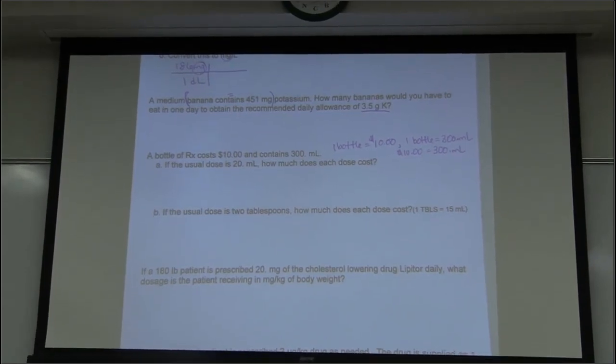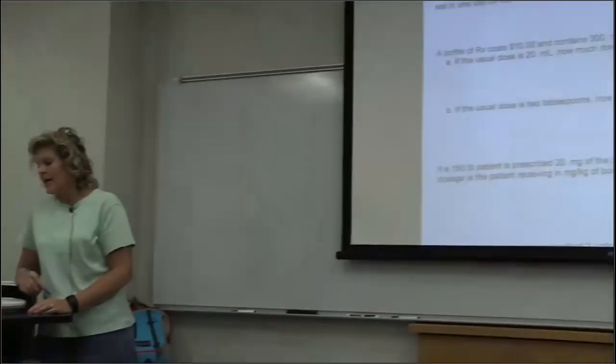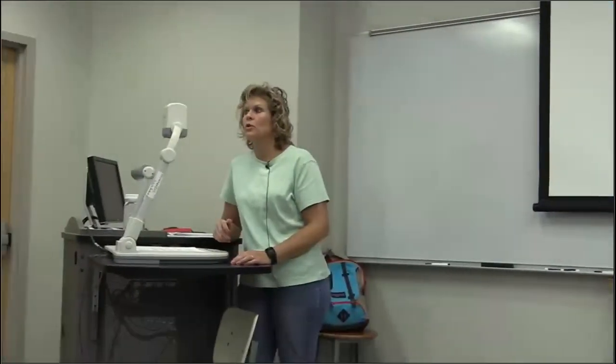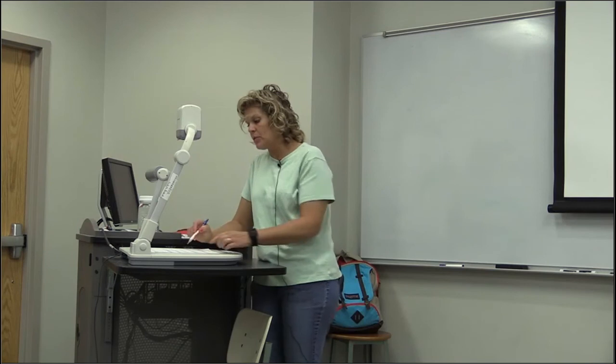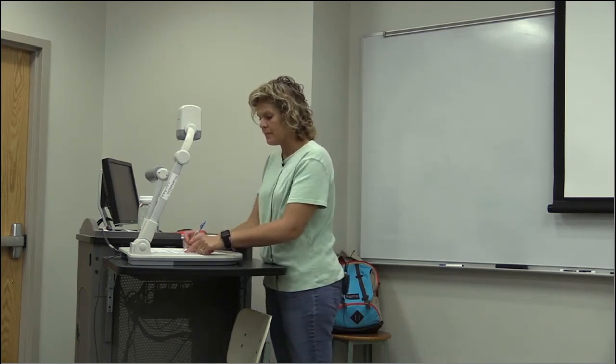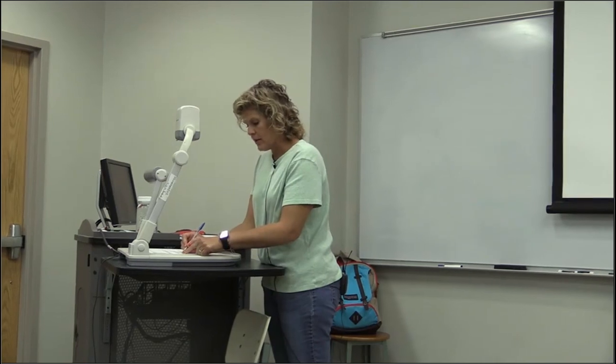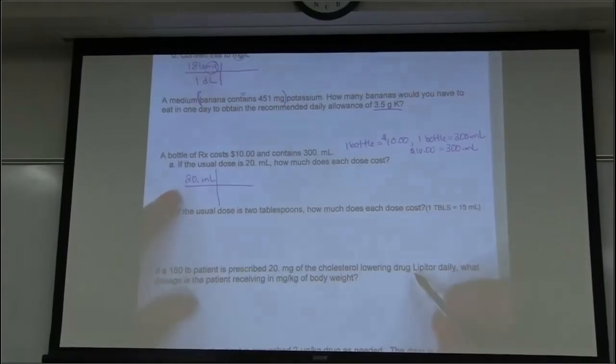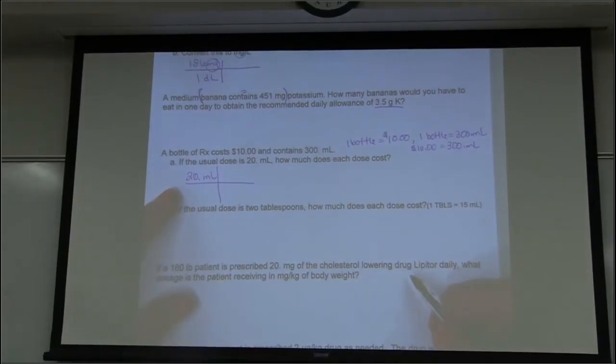Something that I have been noticing when I help students, it helps if you will write down your conversion factor choices. If you will write those down, then when you get over here to start the problem, what's the given? 20 milliliters. What are you trying to find? Cost.